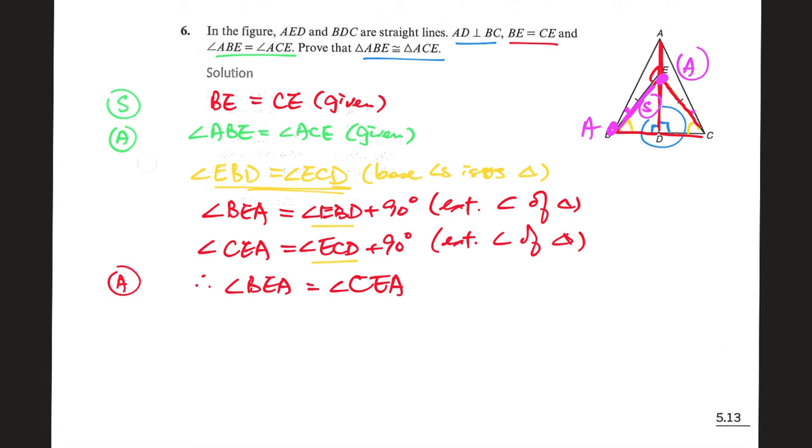Can you see that the S is now between both A's? So as a result, the reason goes to ASA, and the statement will be that triangle ABE and triangle ACE are congruent to each other. So hopefully you have a better sense of proving congruent triangles, right?